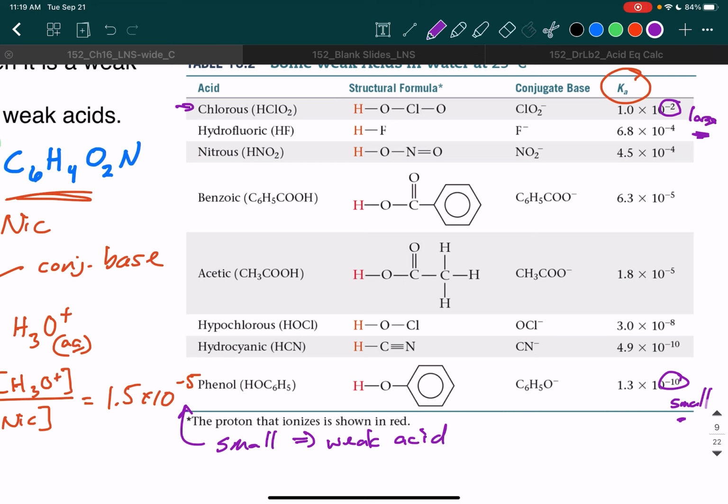It doesn't dissociate very much, but in the grand scheme of things, as a weak acid, it's pretty strong, because it has that 10 to the minus 2. They have arranged this in descending acid strength. So the smaller the Ka, the weaker the acid.